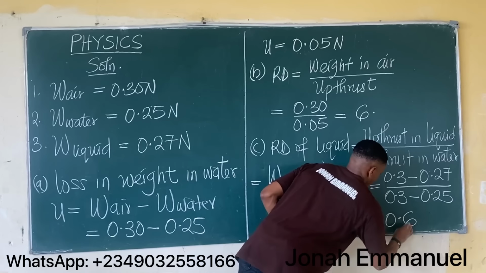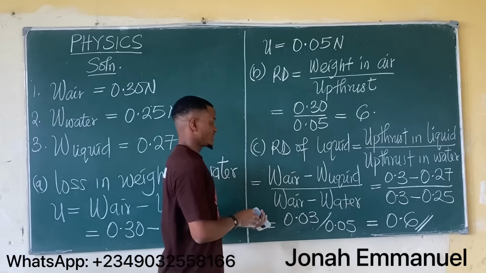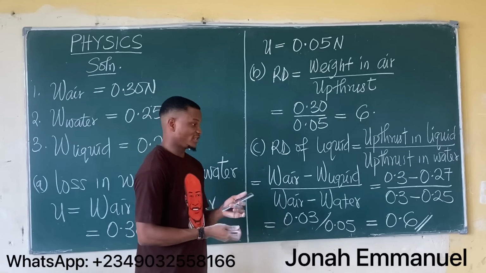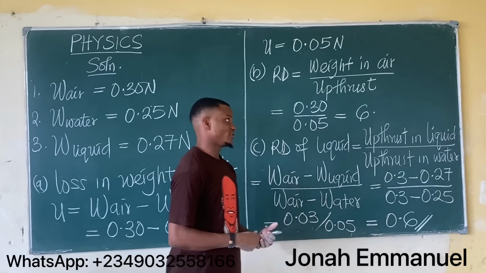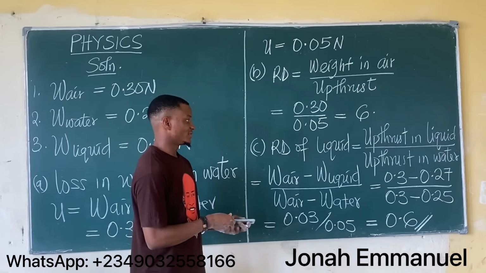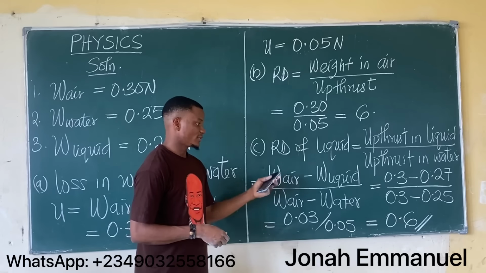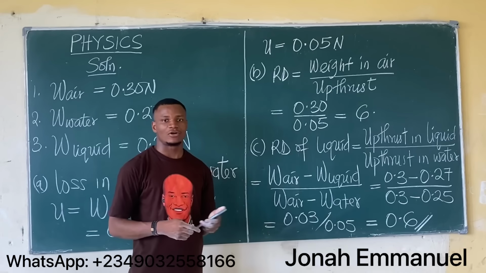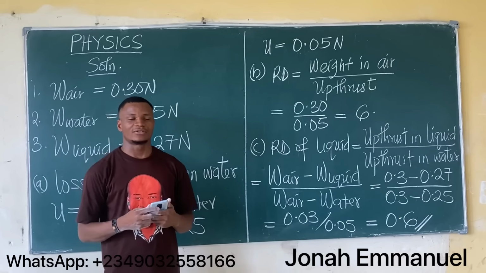That's your answer. So this is how we calculate this. Remember that we said that relative density has no SI unit. So the answer is 0.6, the relative density of the liquid. Alright, so this is how we solve this question.